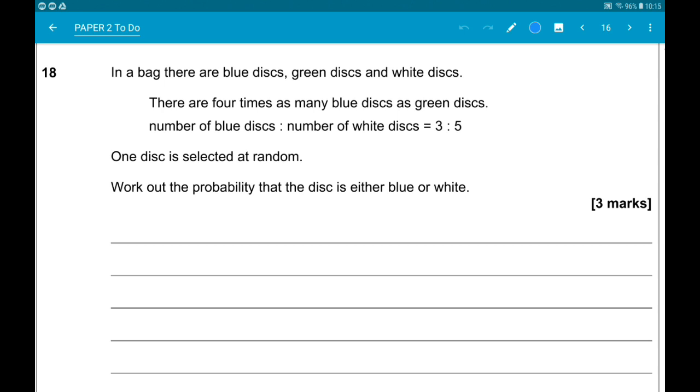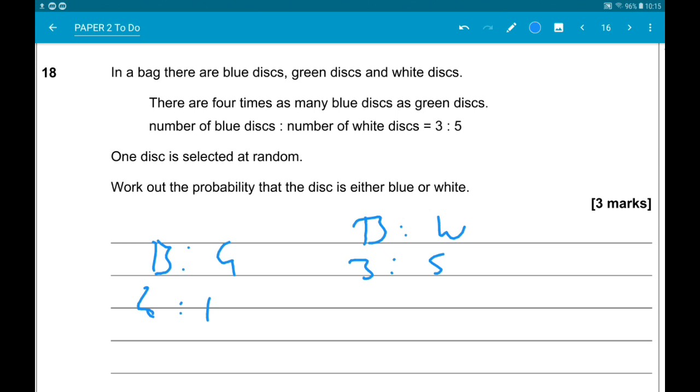So blue to green is 4 to 1. And the number of blue discs to the number of white discs is 3 to 5. Okay, one disc is selected at random. Work out the probability that the disc is either blue or white.